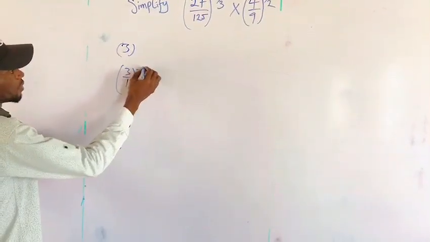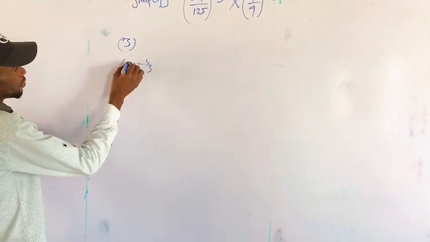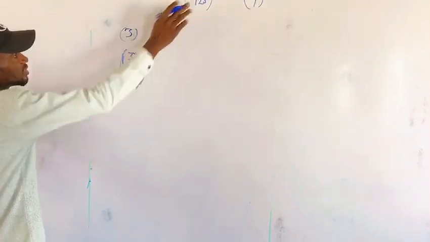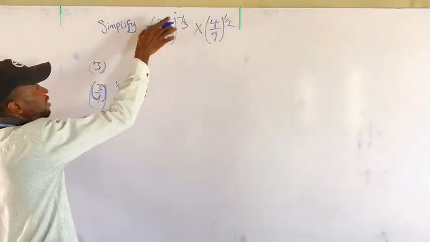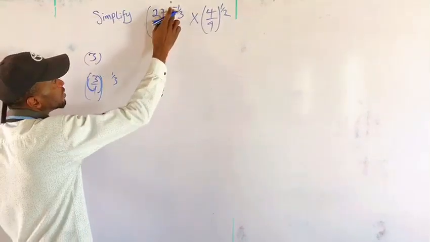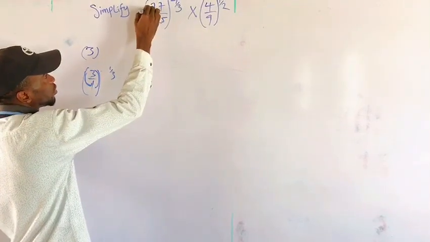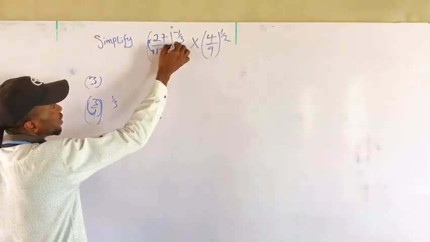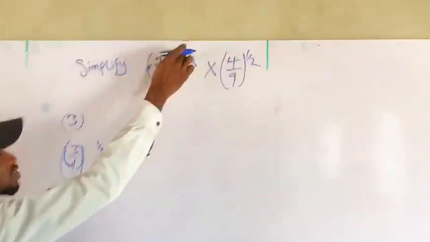Then you swap. This 3 goes up, this 1 comes down, to eliminate the minus. In this case it's already a fraction, so to eliminate the minus, the 27 in the numerator we carry to the denominator, and the 125 in the denominator we carry to the numerator.